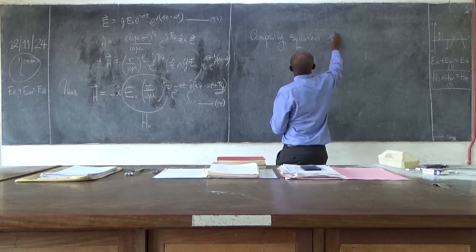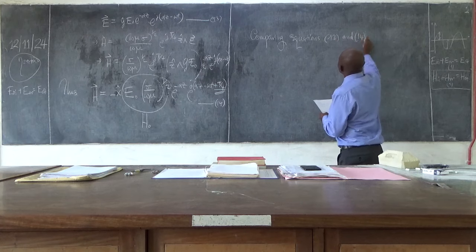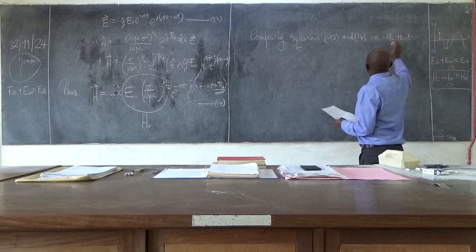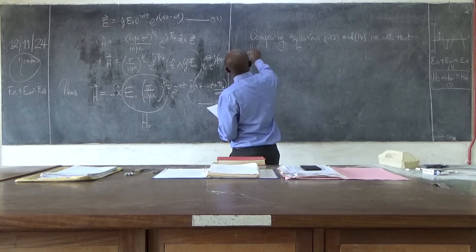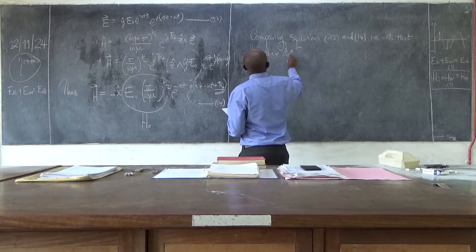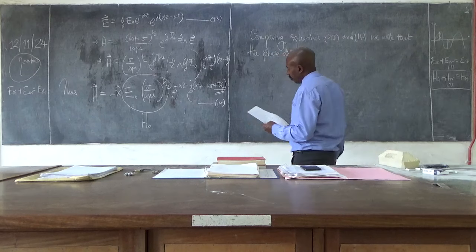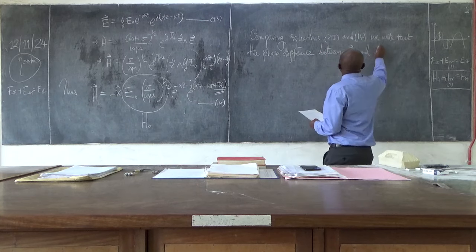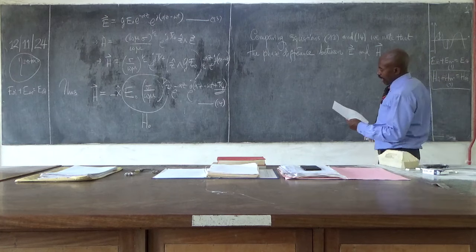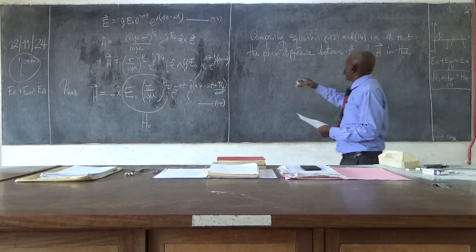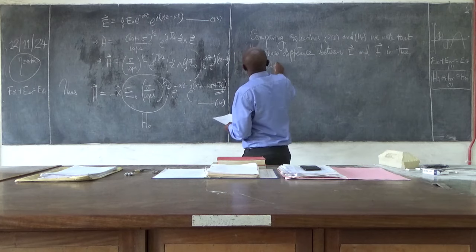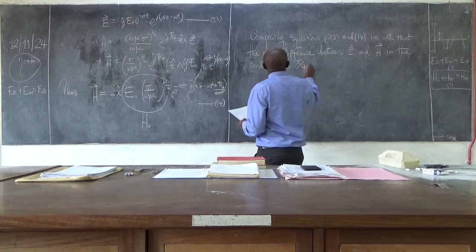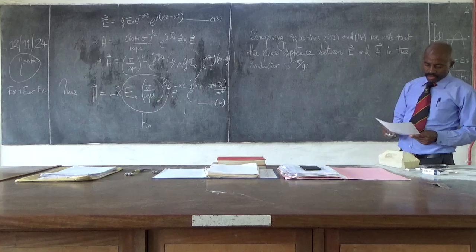Comparing equations 13 and 14, we note that the phase difference between E and H in the conductor is 45 degrees.